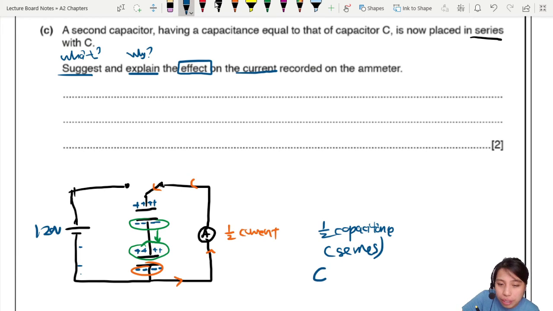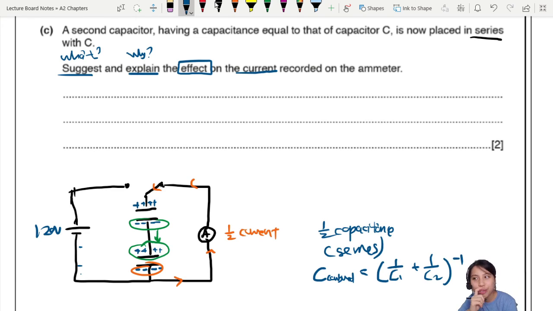The new capacitance combined together in series will be, are you ready for this? 1 over C1 plus 1 over C2, all to the power of negative 1. Does this look familiar to you? You will find out more in the next video. Why is this? Where does this equation come from? But for now, we'll just take it with a pinch of salt. So you can say the total capacitance is half.